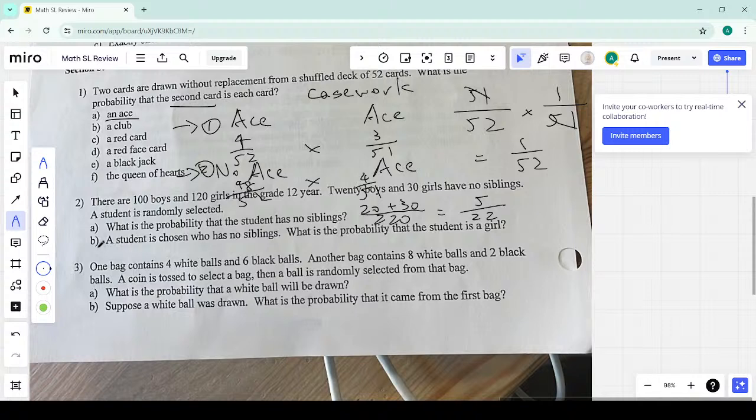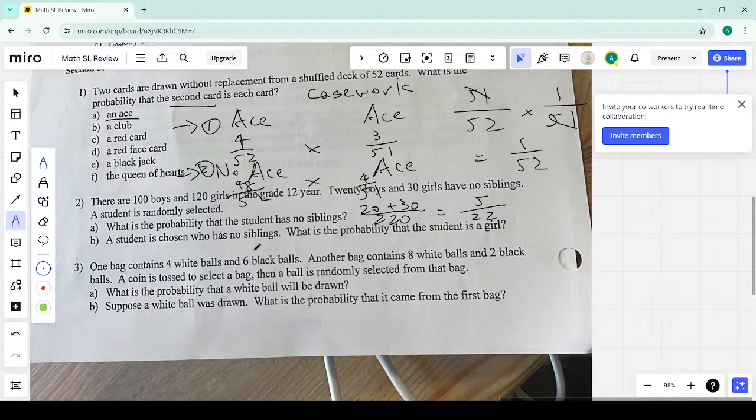And in this case, question B asks, a student is chosen who has no siblings. What is the probability that the student is a girl? So in this case, we're already told that the student who is chosen has no siblings. So the total population that we have changes.